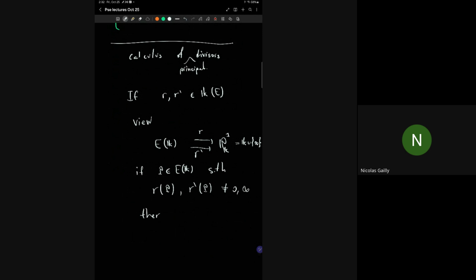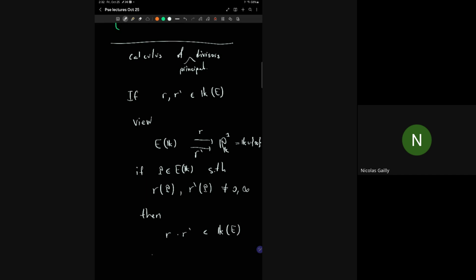Then R and R prime are algebraic objects, right? They are quotients of polynomials. So I can always multiply R and R prime. This is an element in the field of rational functions.